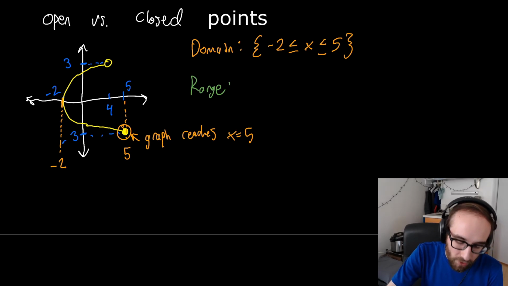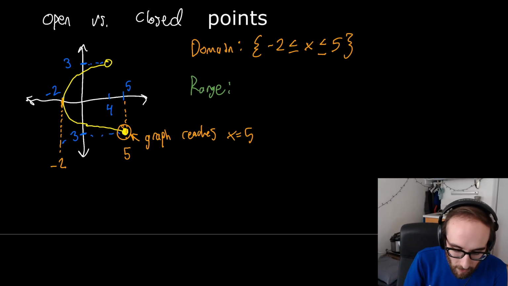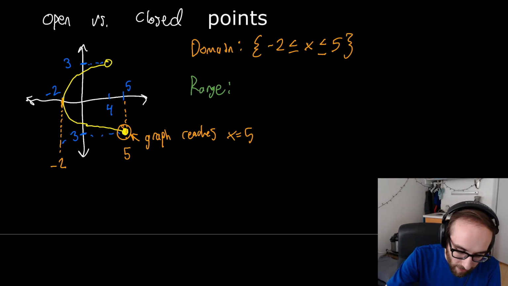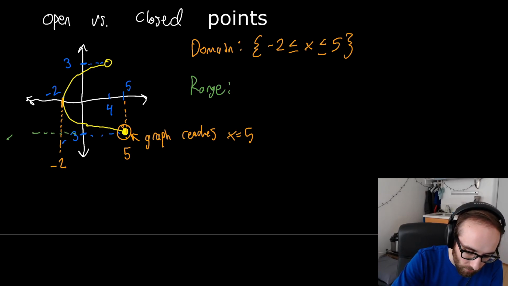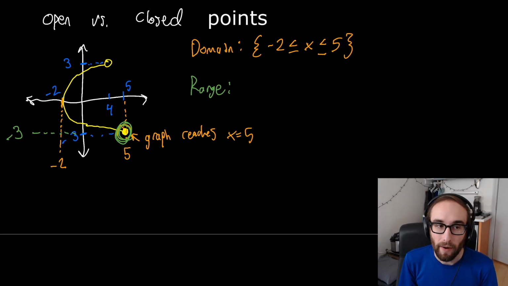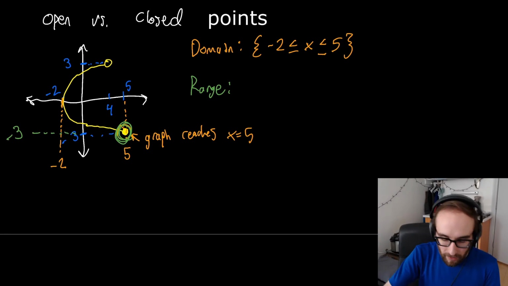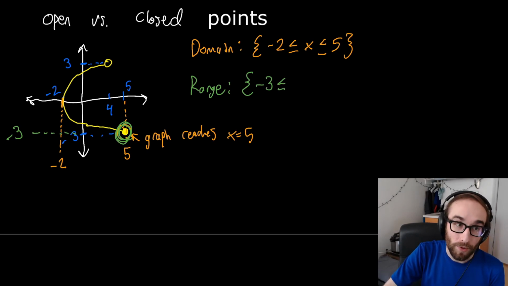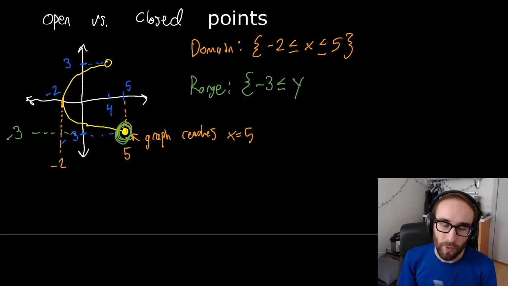And then our range is going to be a little bit different because of the open circle up here. So looking up and down, we can see that our smallest y value is -3. Because we have a closed circle here, our graph actually reaches a y value of -3. So -3 will include less than or equal to, because y actually reaches -3.